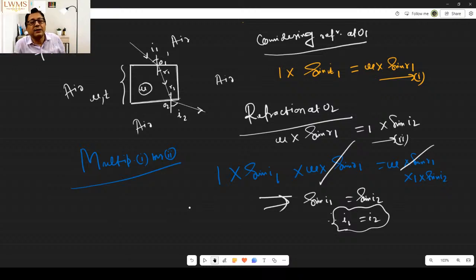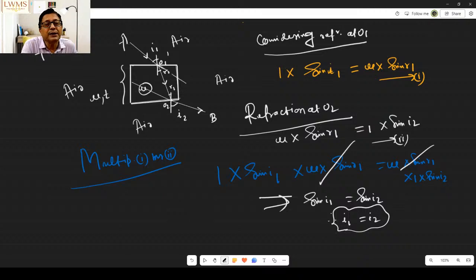So don't you say that if this is the incident ray and O2b is the final emergent ray, then they are parallel to each other? They are really parallel here. A1 and O2b are parallel because you have got I1 equal to I2. Then what happens to this light ray, if you produce it forward, and this one if you produce it backward?